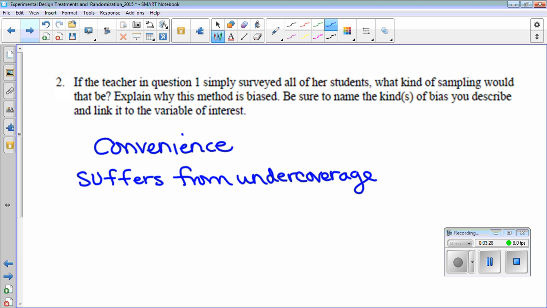It's a type of sampling that suffers bias. Yes, that's true. A convenience sample is a type of sampling that always suffers from bias. So it's probably why I put it in the bias section, because it is just a biased form of sampling. Good.